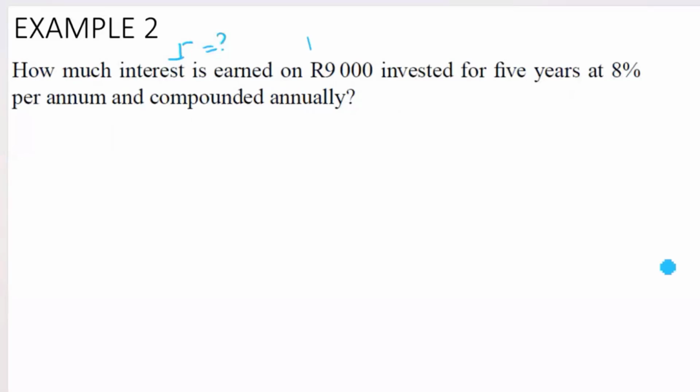That means your P is equal to 9,000 invested for 5 years. So your time is equal to 5. Your R is given as 0.08 compounded annually. So your M is equal to 1.